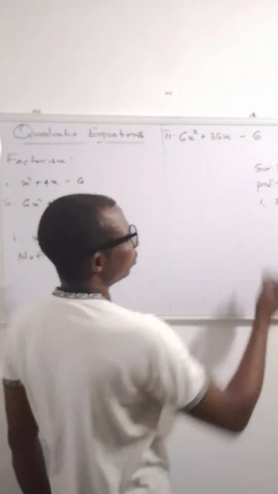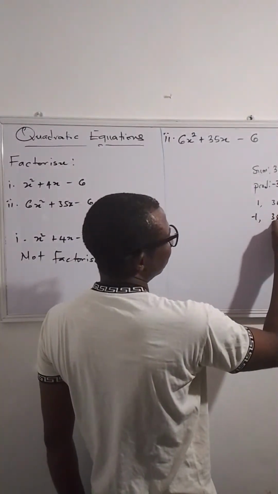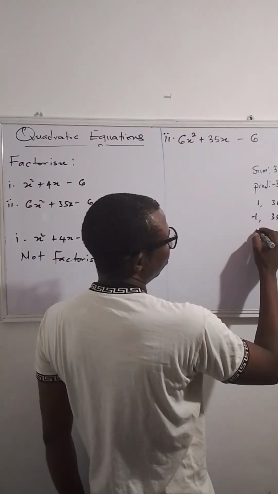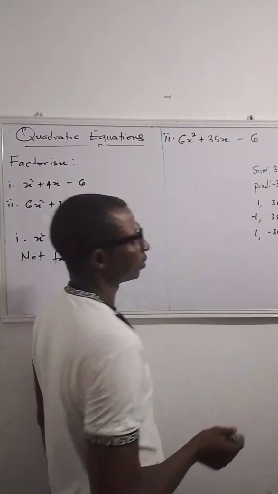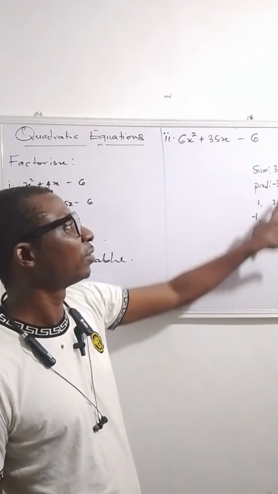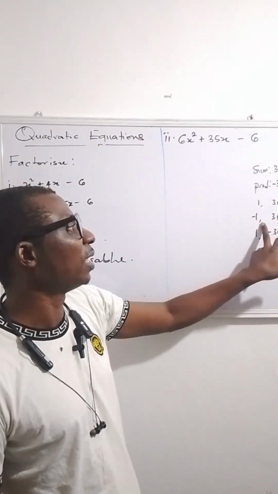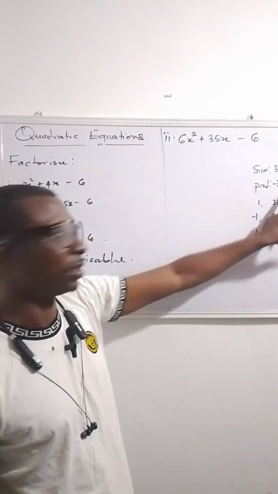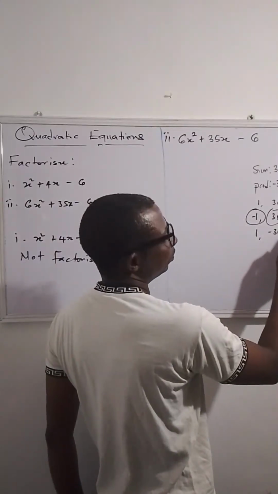So we can do it this way: minus 1 and 36, and 1 and minus 36. When you add these together, we have plus 35. When you multiply these together, you have minus 36. So the two numbers are these, and the other pair will not work for you.